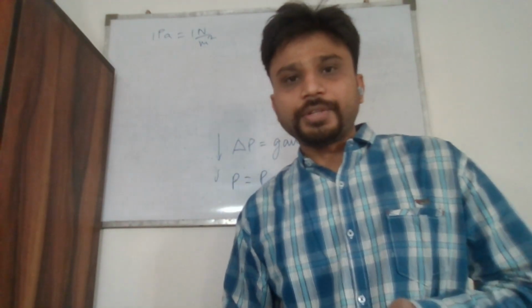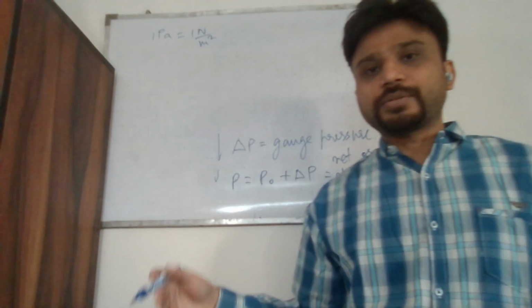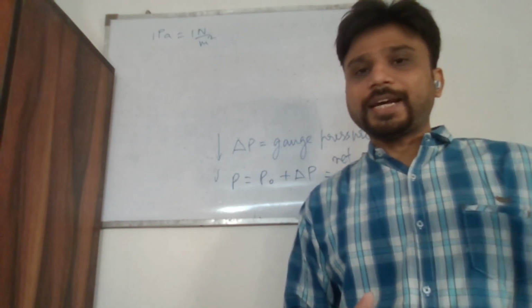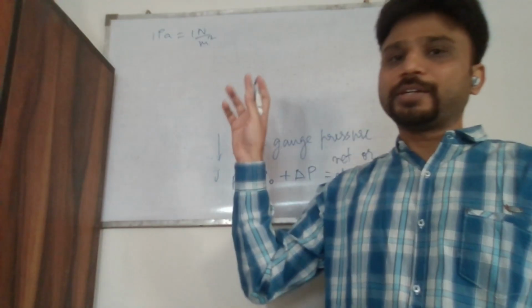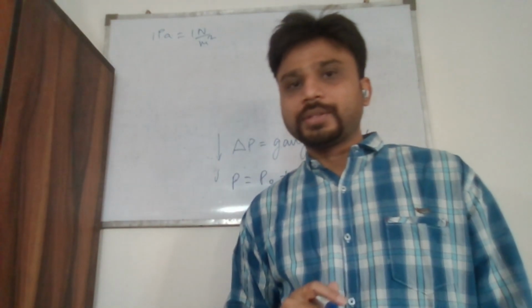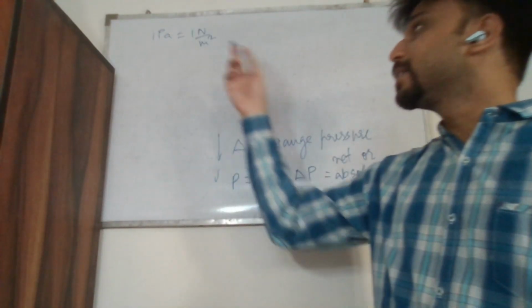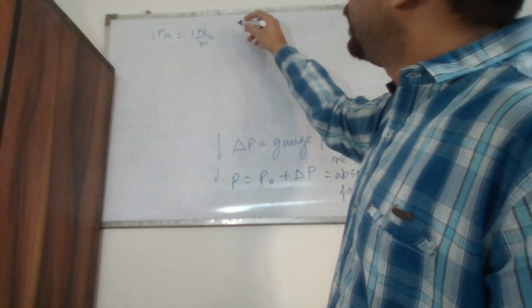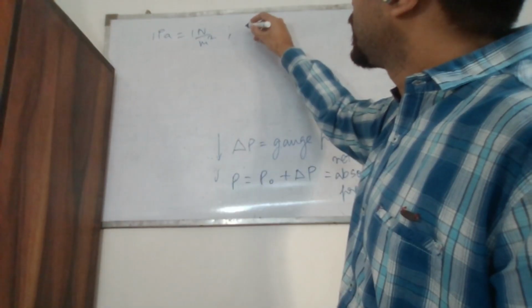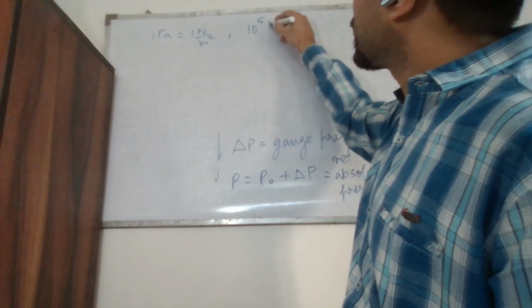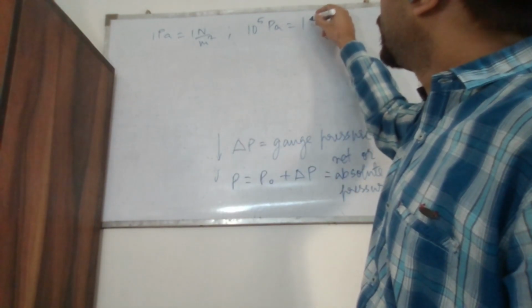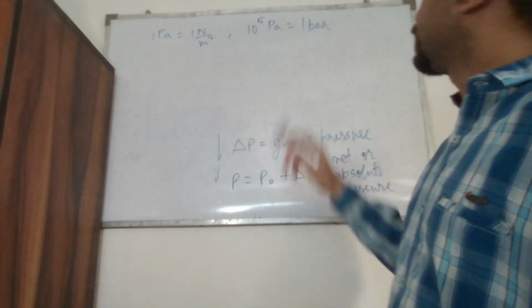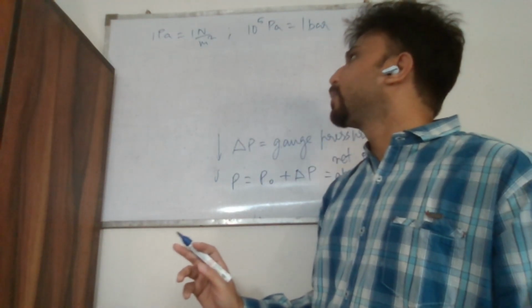That is, if a surface which is 1 meter square in area is acted upon by a force whose magnitude is 1 Newton, then the pressure on the surface is 1 Pascal. We have one more unit which is equal to 10 to the power 5 Pascals. It is 1 bar.